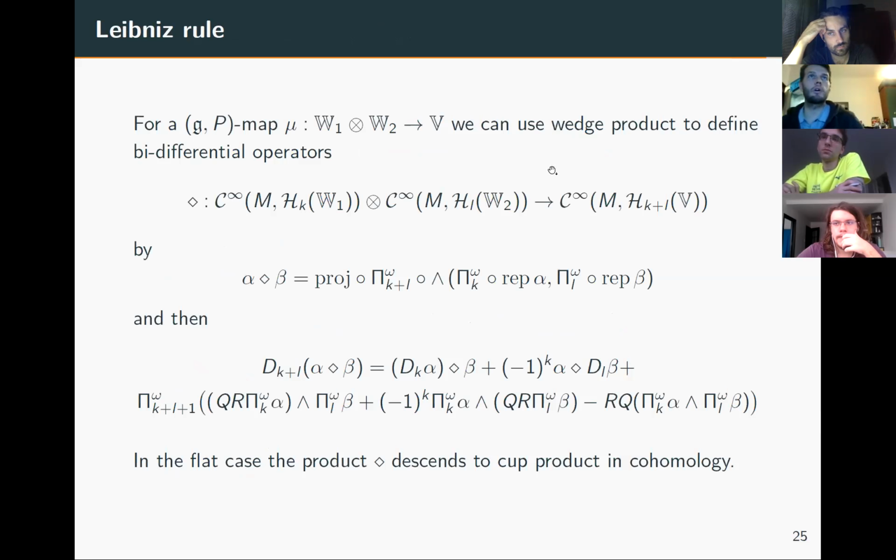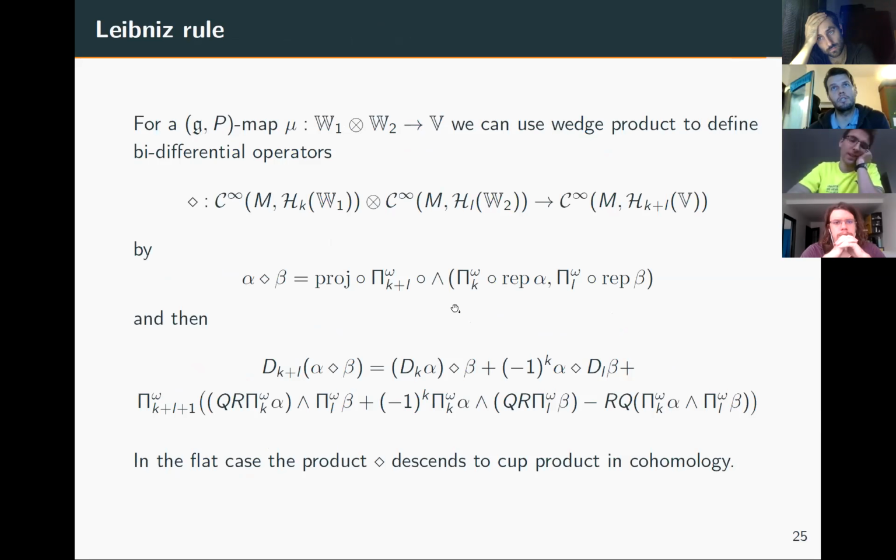So, for example, whenever you have some appropriately equivariant mapping between some representations, you can use the wedge product on forms to define some differential operators of the following form. It's very similar to how we define these BGG operators.